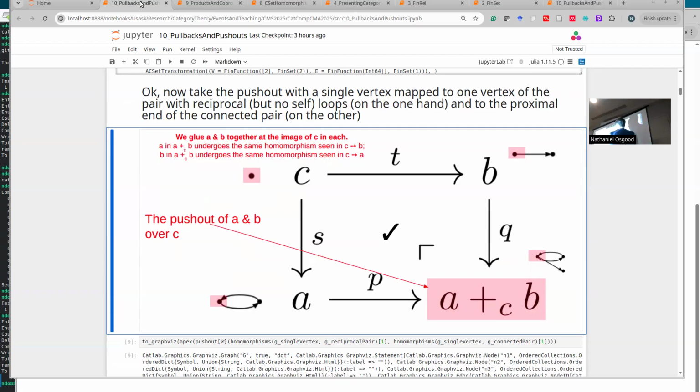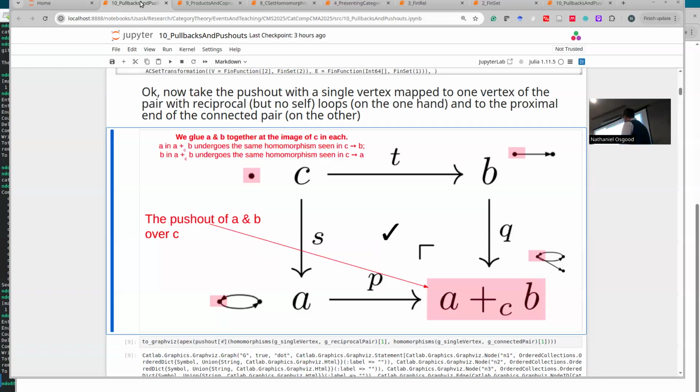It glues together a point, something in A and something in B, that are mapped to from the same thing in graph C. So graph C is a graph, and its vertices will map to vertices in A and vertices in B. If a given vertex in C maps to a specific vertex in A, call it V sub A, and to a certain vertex in B called V sub B, then we will identify those two vertices in A and B when we glue them together.